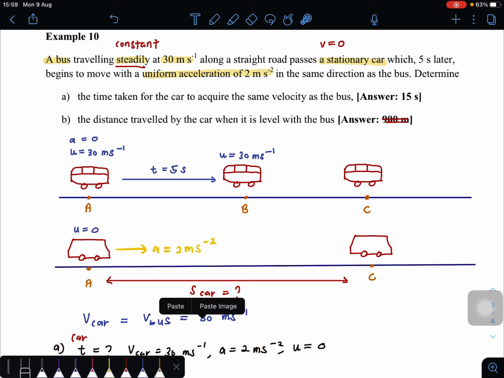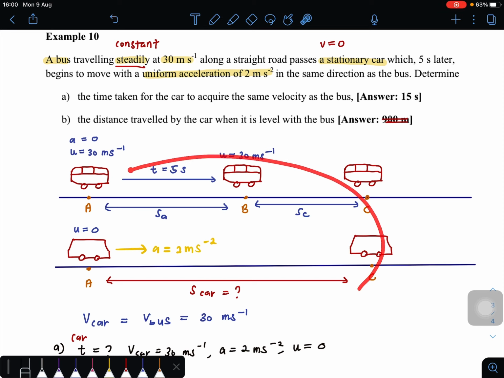The distance for the bus has 2 parts. From here to here, we label it SA. And then from point B to point C, SC. So from here you can see that the distance traveled by the car is equal to SA plus SC.